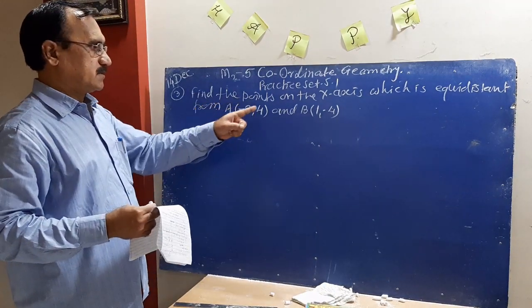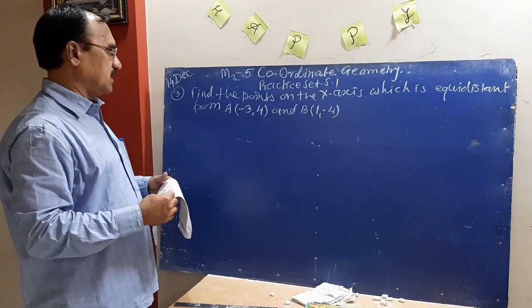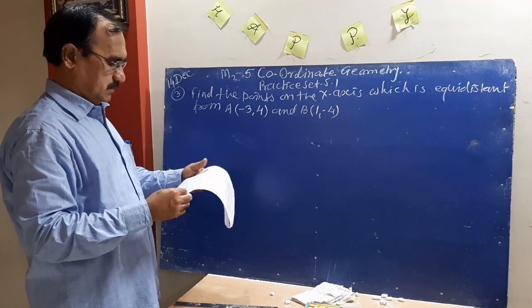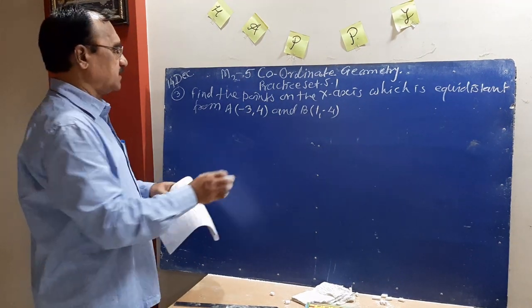Find the points on the x-axis which is equidistant from point A(-3, 4) and B(1, -4).